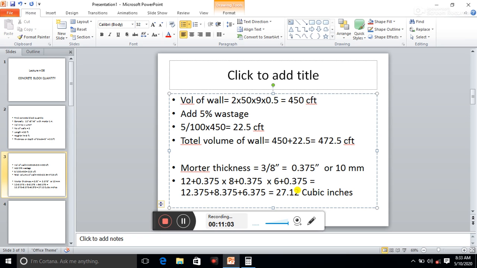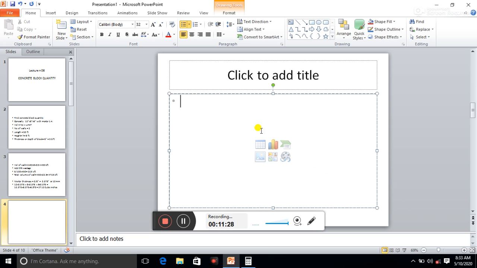Now we will convert cubic inches into cubic feet, as the volume of wall is in cubic feet.